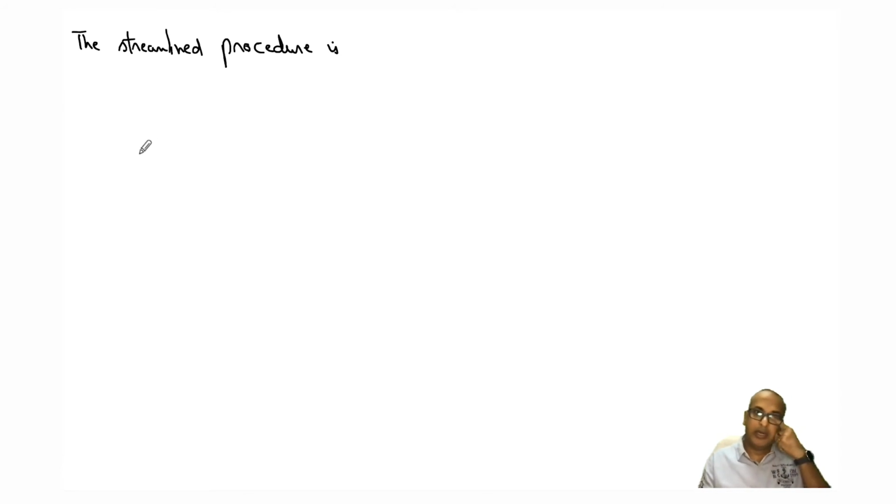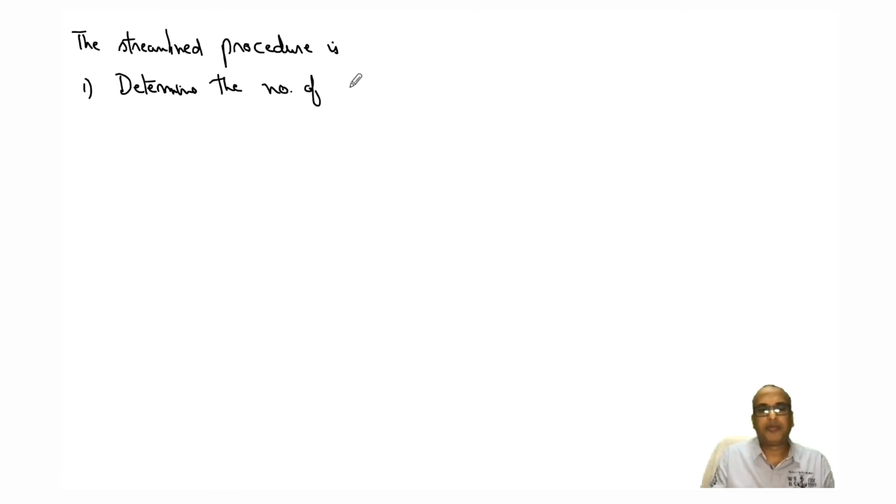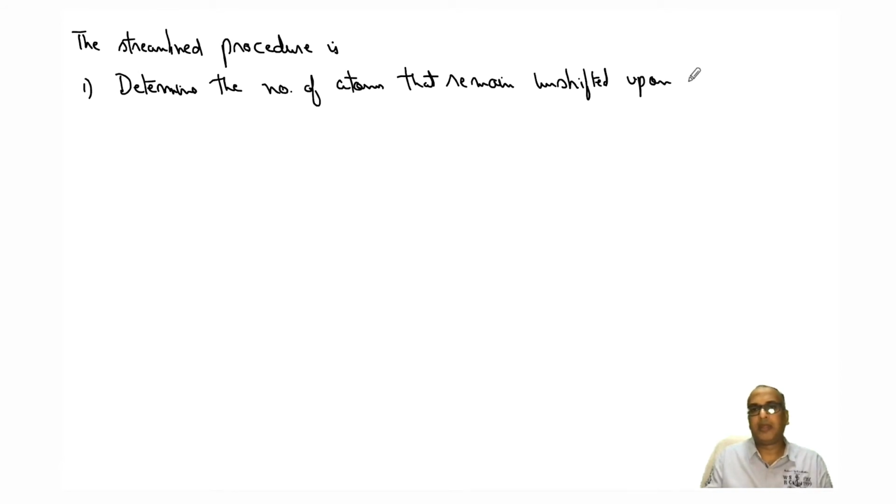First step is determine the number of atoms that remain unshifted upon a symmetry operation. That is easy to identify, right? How many atoms would remain unshifted?